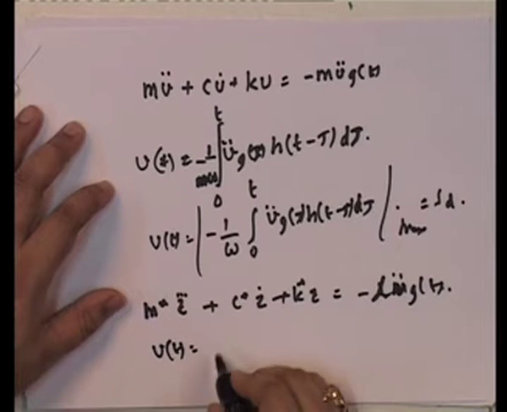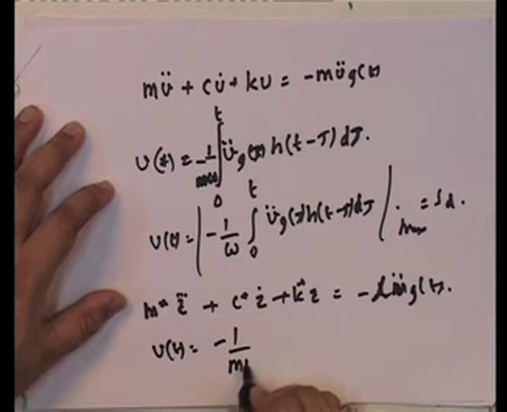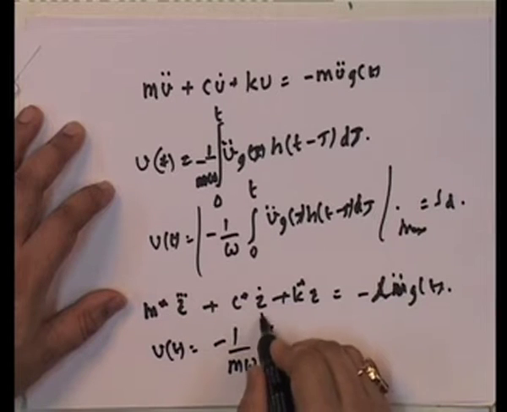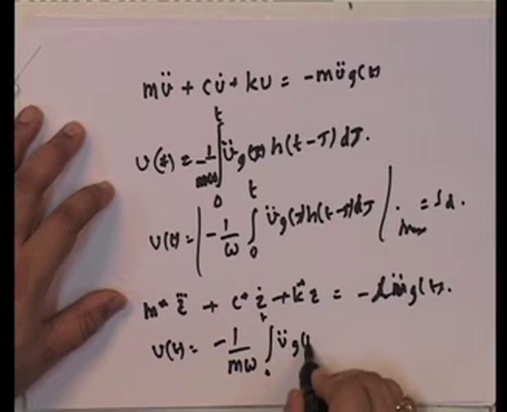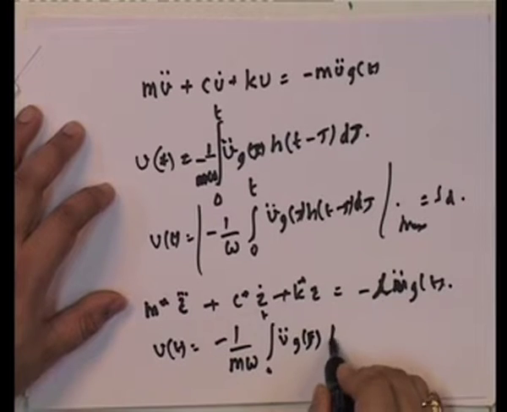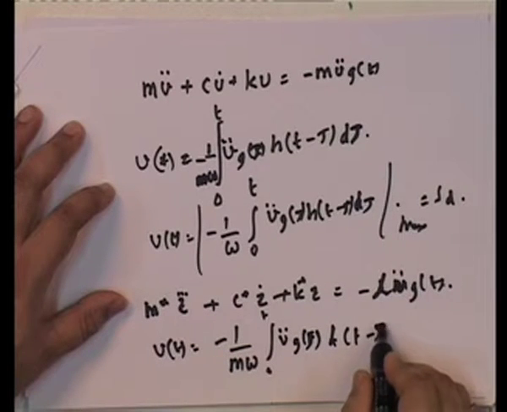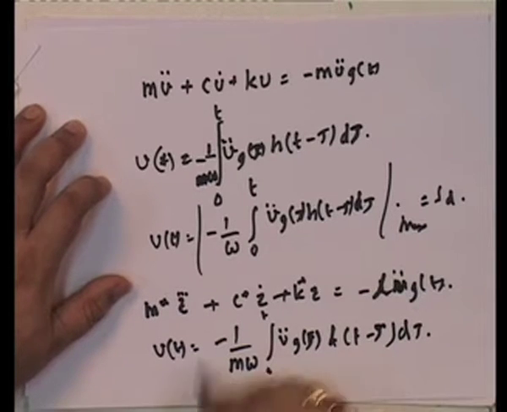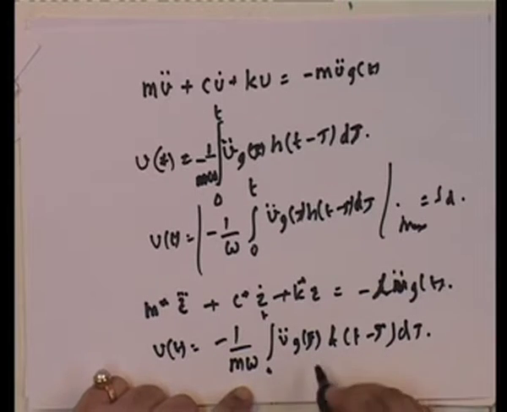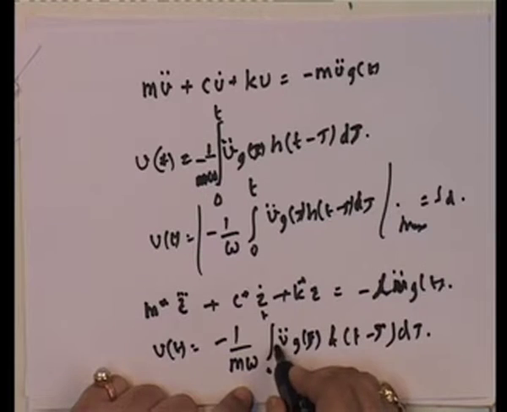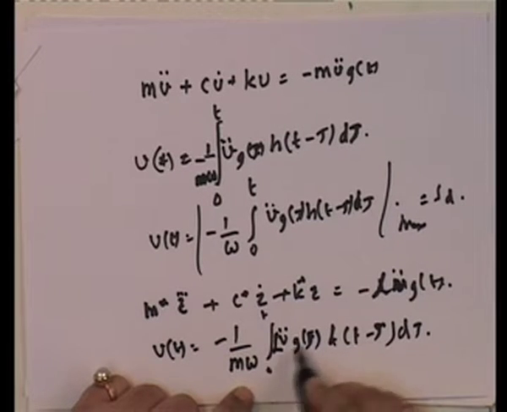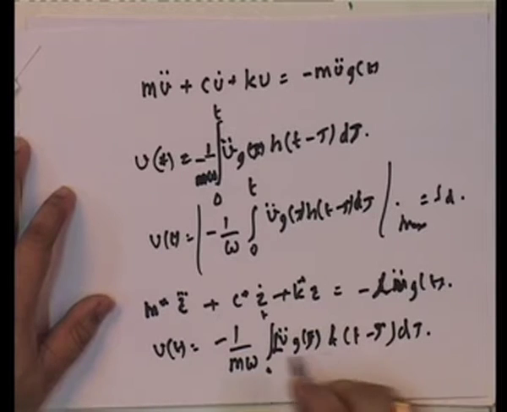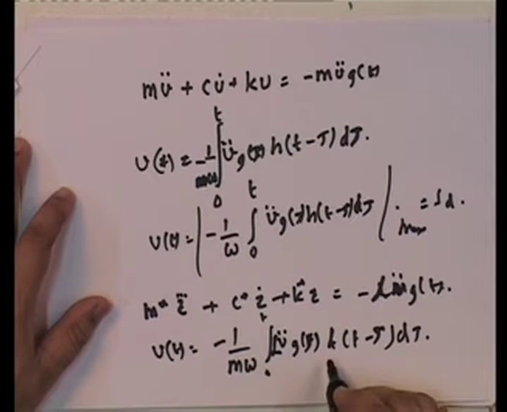This one will be minus 1 upon m omega integral 0 to t Vg tau h t minus tau d tau, and the max of this, there will be an L here, L Vg double dot, upon 1 upon m omega, and so this then becomes the solution.